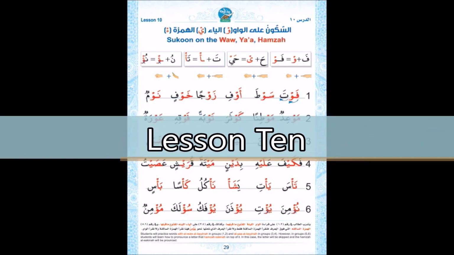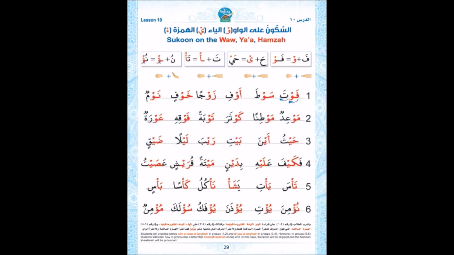Welcome to Bidaya screencast. Today we are with lesson 10, and it discusses sukun on the waw, ya, and hamza. The objectives of this dars are clearly shown in the boxes used for the instructor's explanation, these first 4 boxes on the page.